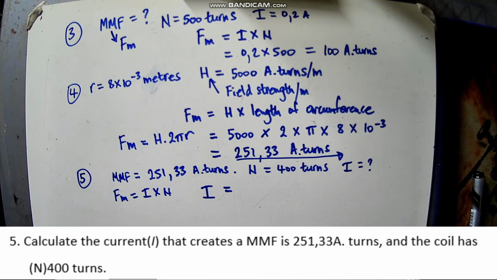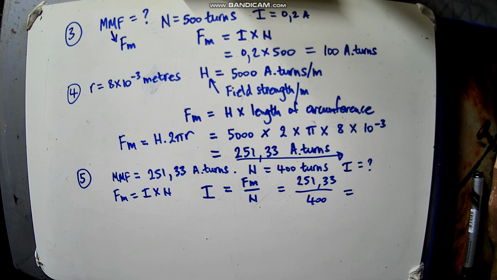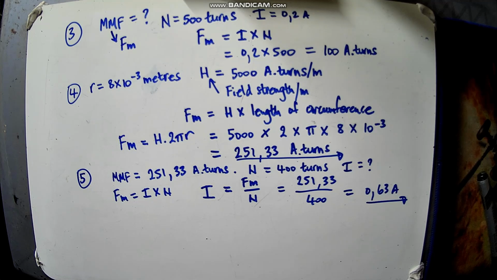We have to make I the subject of the formula, so I is equal to Fm over N. The next step would then be to substitute the values, 251.33 over 400. Plugging it into our calculator, we should get an answer of 0.63 amps. That is question number 5 completed.